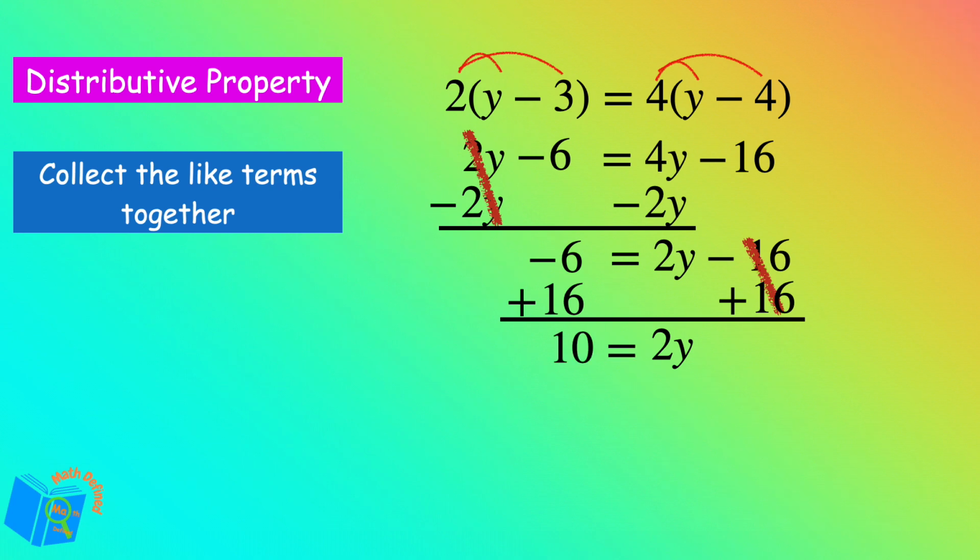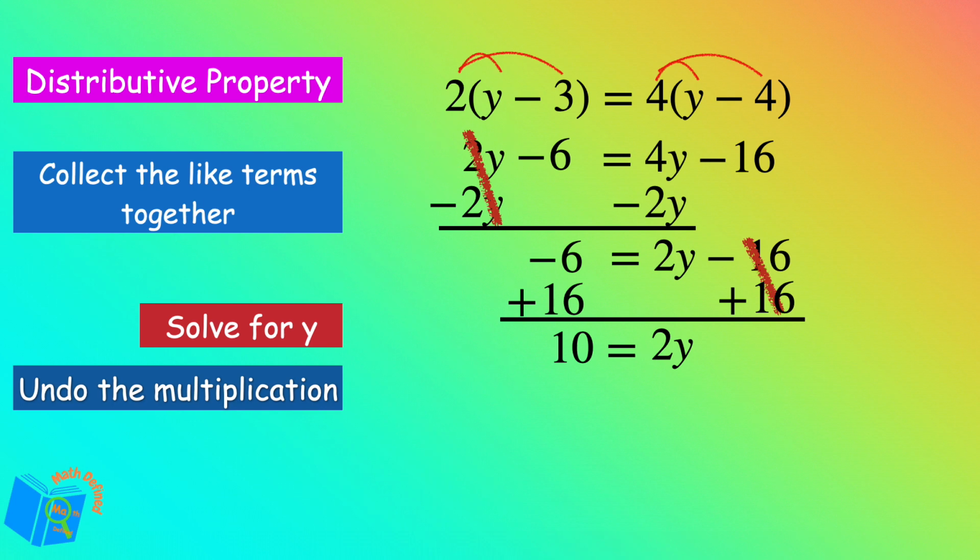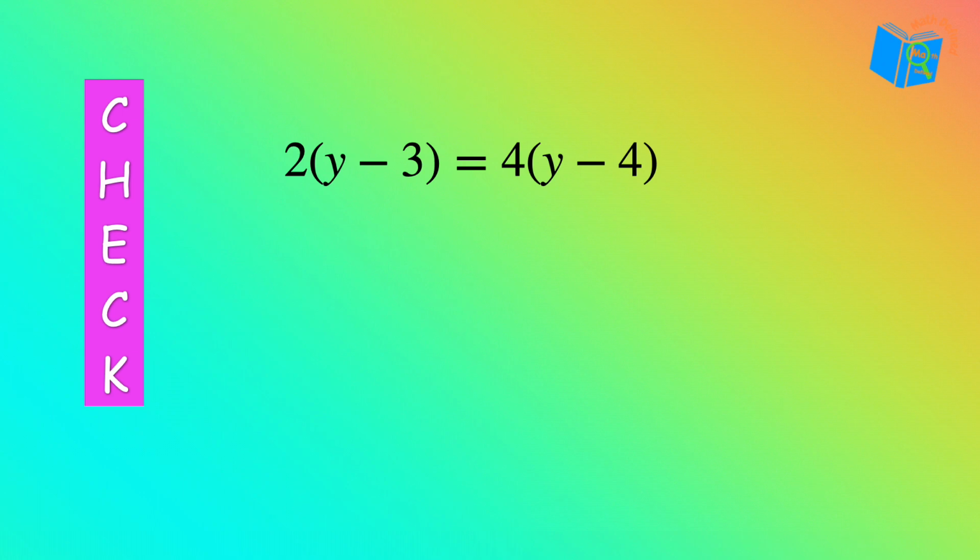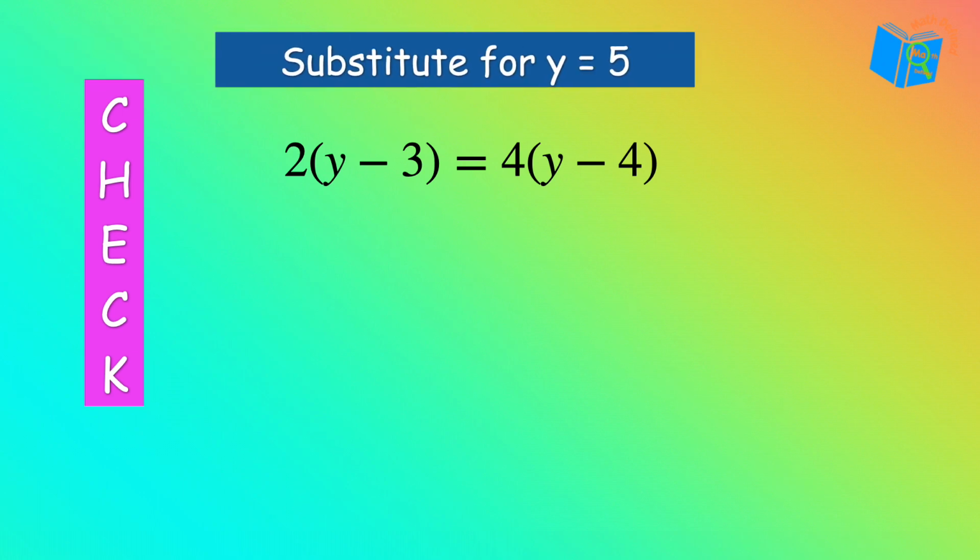The last step here is to solve for y by using division by 2 to undo the multiplication of 2 times y. So let's go ahead and divide each side by 2. On the right side, the positive 2's will cancel each other out, leaving just the y, and 10 divided by 2 is positive 5.